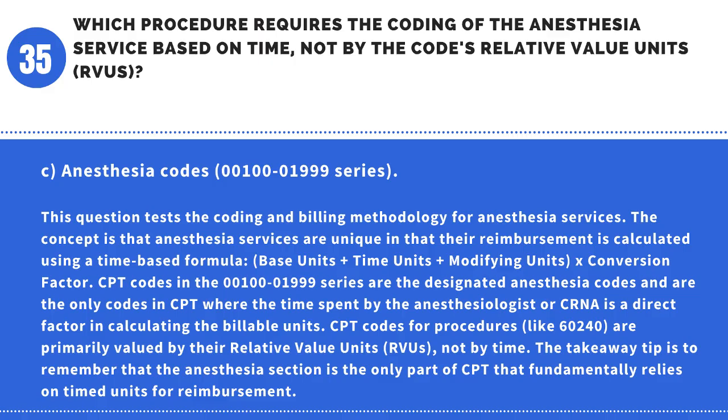CPT codes in the 00100-01999 series are the designated anesthesia codes and are the only codes in CPT where the time spent by the anesthesiologist or CRNA is a direct factor in calculating the billable units. CPT codes for procedures like 60240 are primarily valued by their relative value units, RVUs, not by time. The takeaway tip is to remember that the anesthesia section is the only part of CPT that fundamentally relies on timed units for reimbursement.